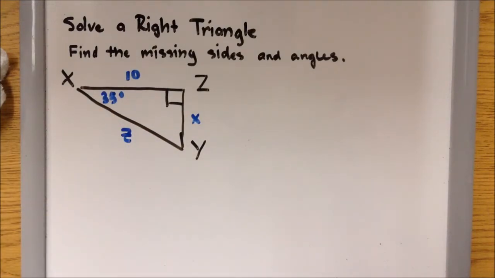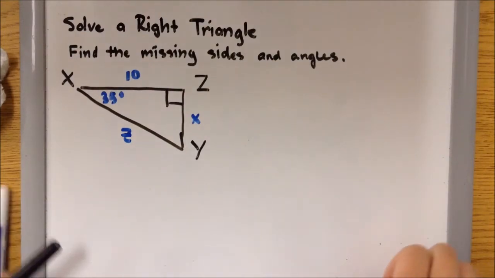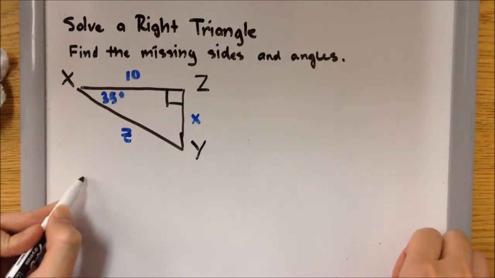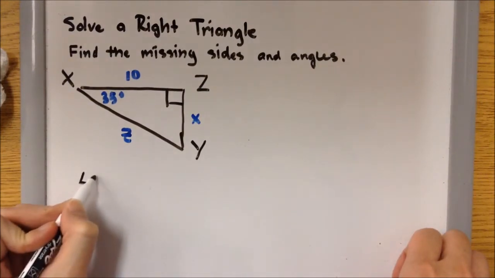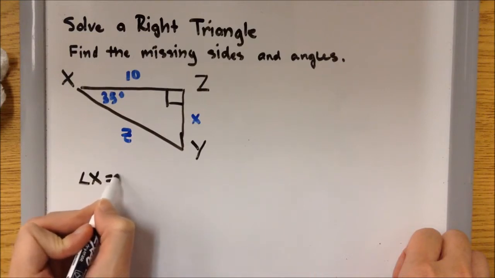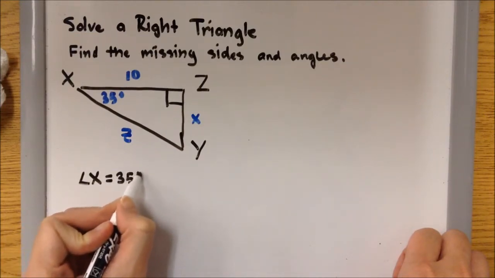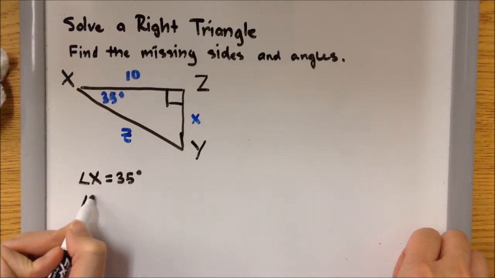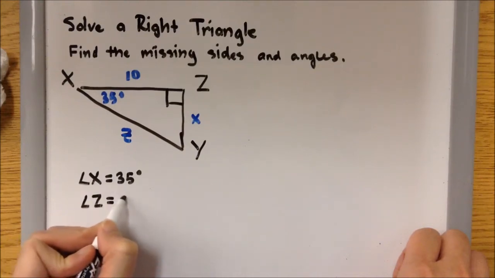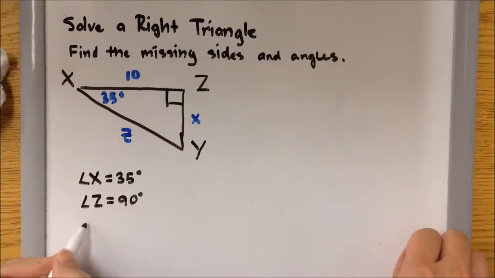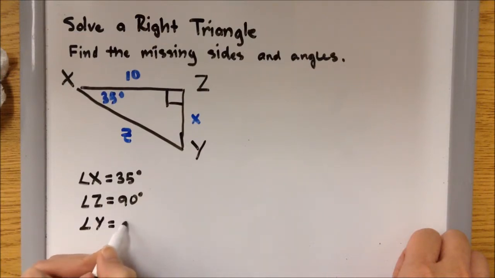So if I were to list out the information that we know, the one thing for sure we do know is that angle X is 35 degrees, angle Z is 90, but angle Y we don't know.